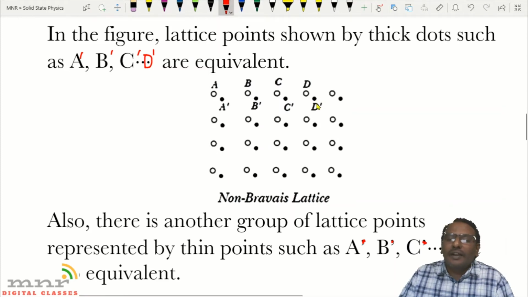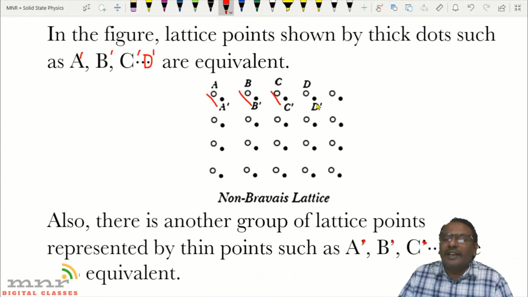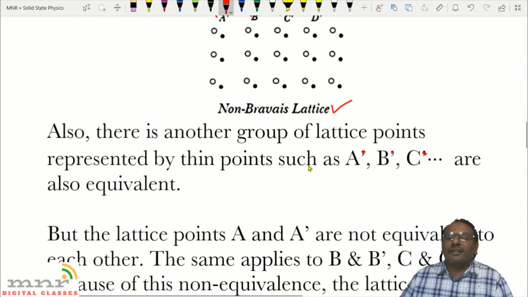Now, if we consider the lattice points A and A dash, or B and B dash, C and C dash, they are not identical to each other. Such a type of space lattice where the lattice points are not identical to each other is called a non-Bravais lattice.